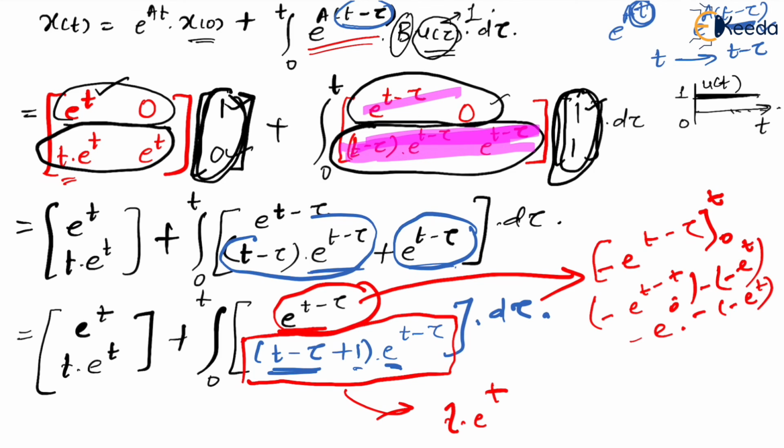If you just observe, e to the power 0 is nothing but 1, so minus 1 plus e to the power t, right? So it becomes e to the power t minus 1. So here in place of this I will replace e to the power t minus 1. So let us do that.